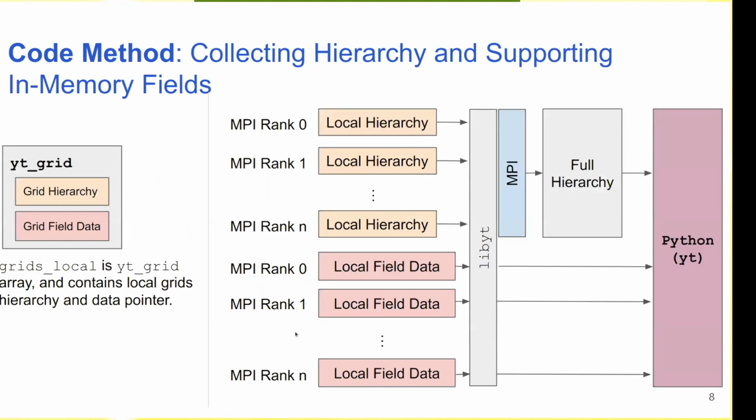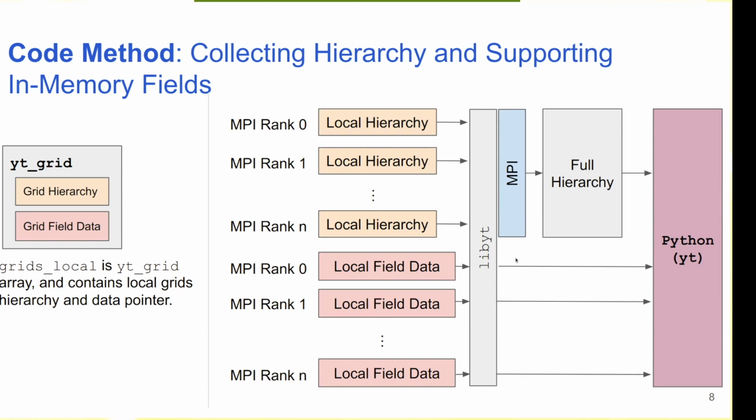So how do we support the adaptive mesh refinement code base? We create another structure for storing hierarchy data and field data. Each MPI rank only has to pass in local hierarchies like left edge, right edge, level, parent ID, etc., and also pass in the local field data.